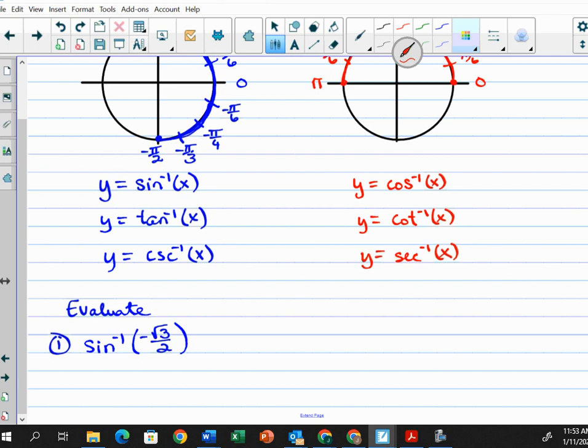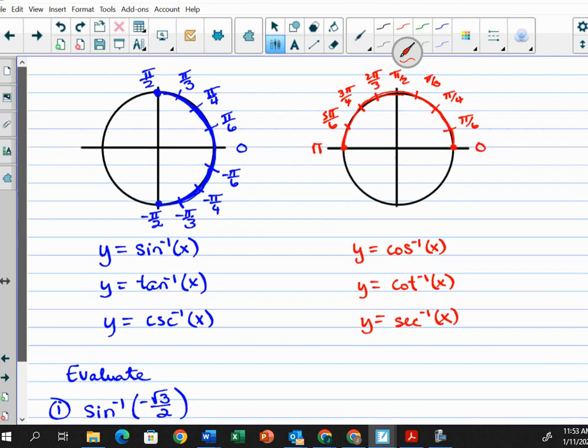Okay, guys. Let's think about this. So the process you need to go through. It's inverse sine, so am I using the blue or the red circle? Blue. You need to think about which of these spots the sine equals negative root 3 over 2. Okay, it's negative, so is that in the first quadrant or the fourth quadrant? So we've narrowed it down to these.